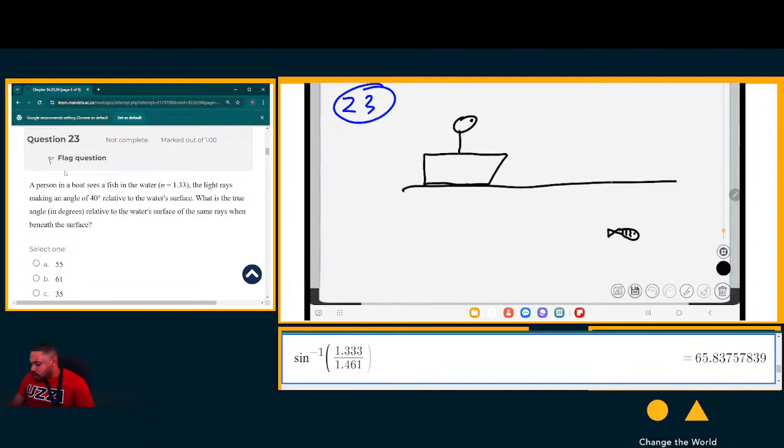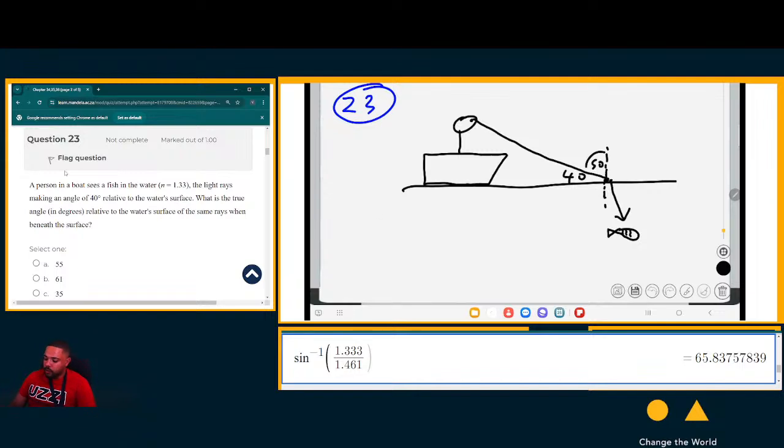It's a bit exaggerated, but the person sees the fish like that. The light rays make an angle of 40 degrees relative to the water surface. So this is 40, meaning the angle of incidence, what we want, is actually 50 degrees. So the angle of incidence is 50. We just want the refracted angle.